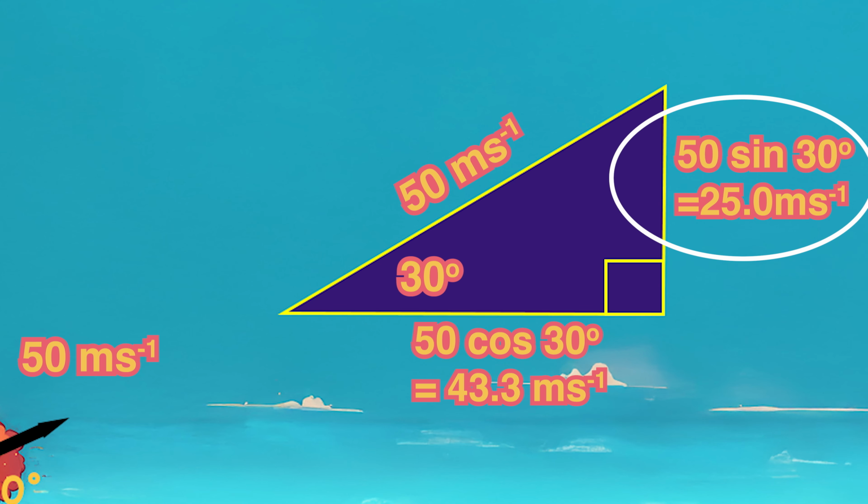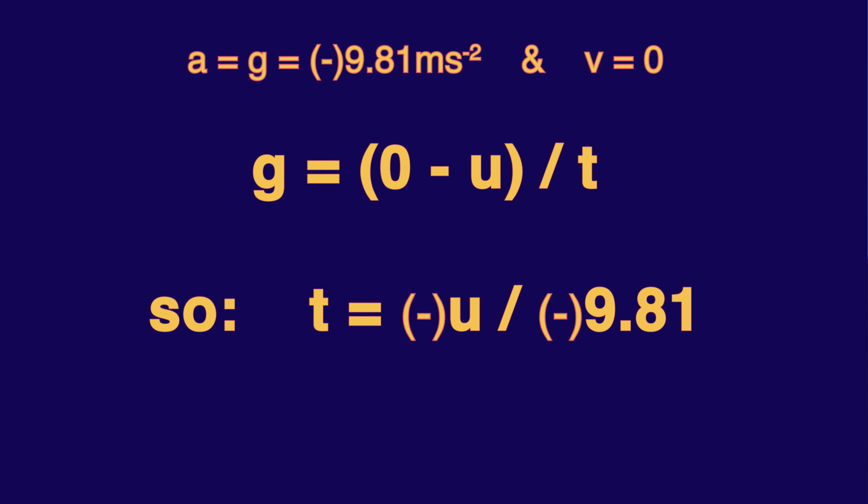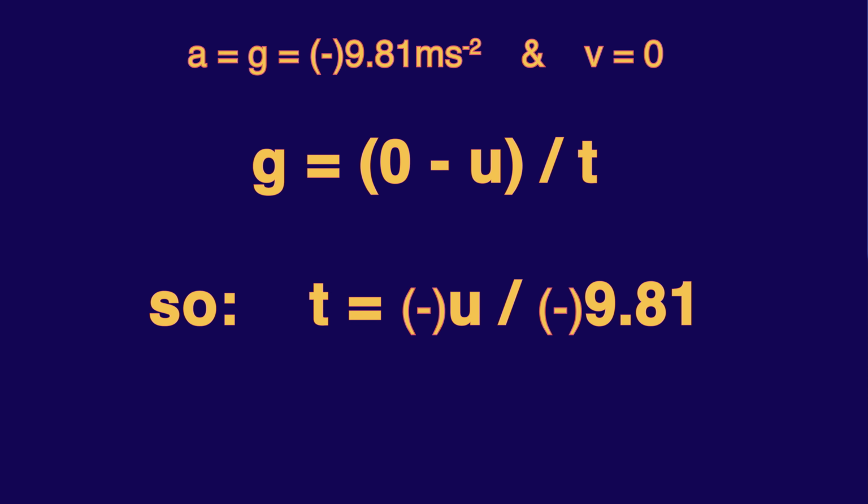Use your value for your initial velocity in the vertical direction for u, and you have the time to reach the maximum height. You'll notice the negative sign. I've assumed that going up is in the positive direction, which makes the initial velocity positive. Gravity is working downwards, and so is negative. Do keep an eye on your signs. Pick a convention and stick to it.